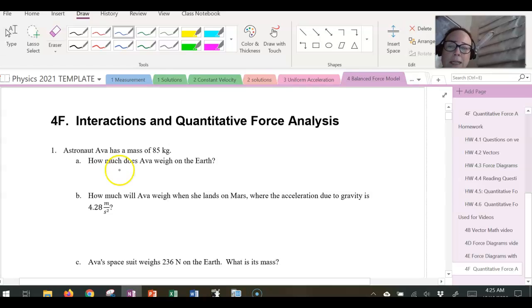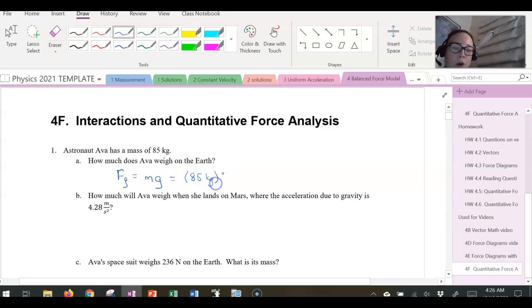Her weight is the force of gravity on Ava, and that equals her mass times the acceleration due to gravity where she's located. Acceleration due to gravity is always represented with a lowercase g. Okay, so her mass is 85 kilograms.